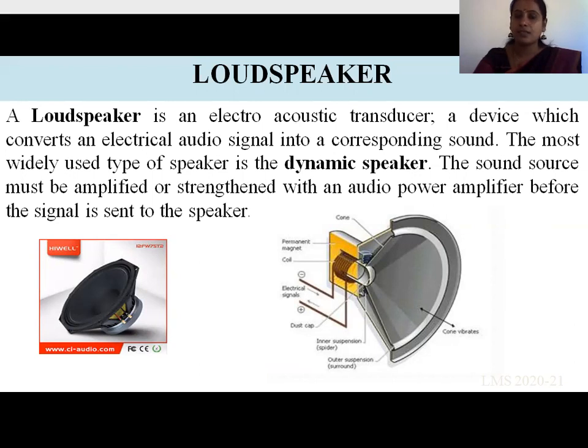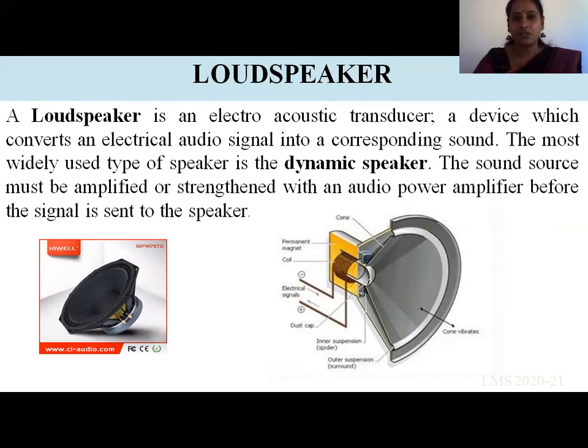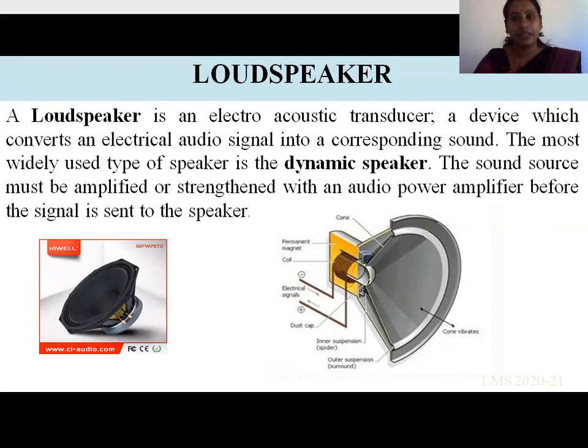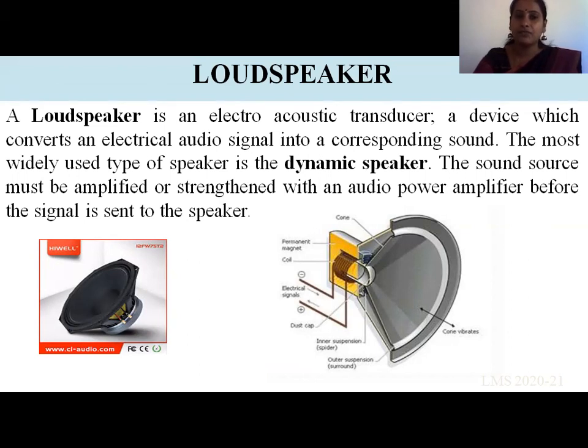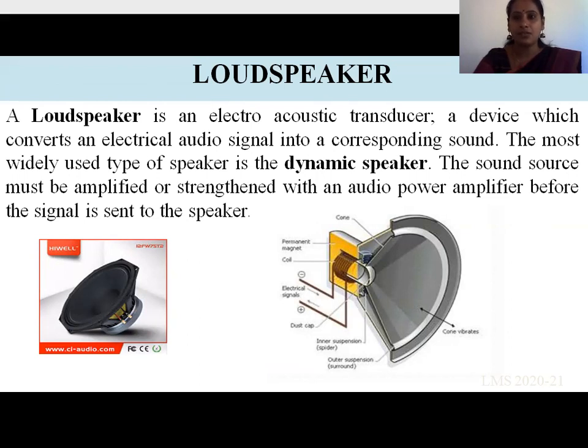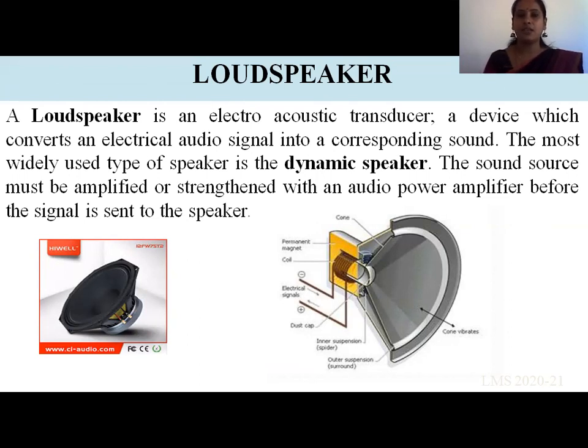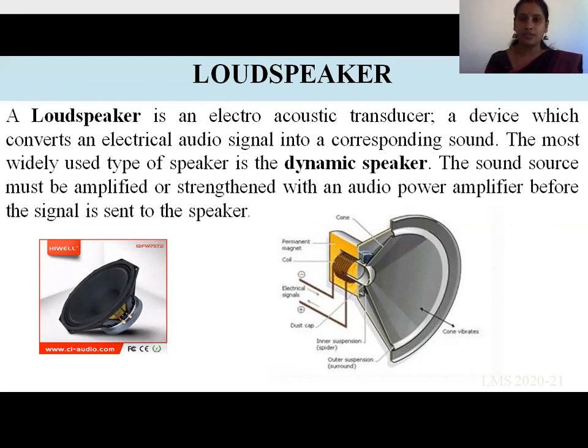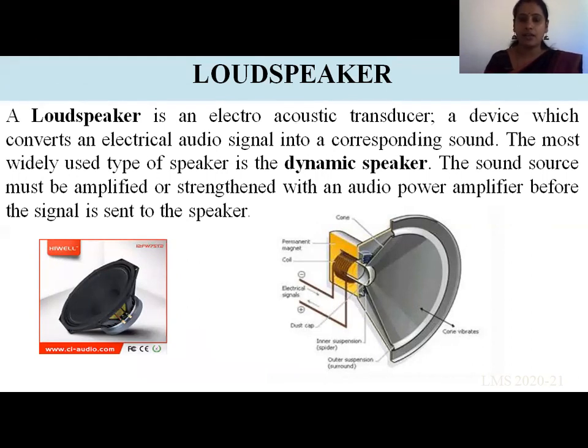So this is the definition of loudspeaker. The loudspeaker is an electroacoustic transducer which converts an electrical audio signal into the corresponding sound waves. That can be called a loudspeaker.